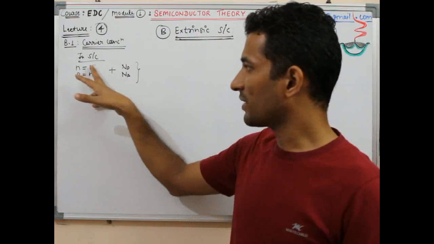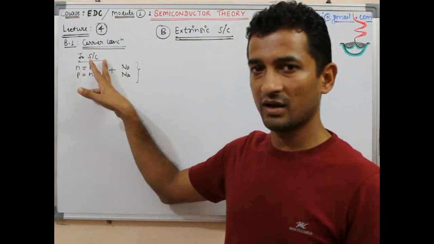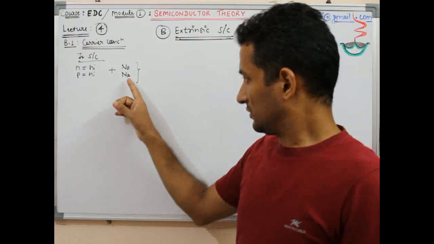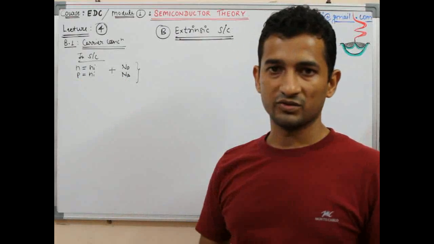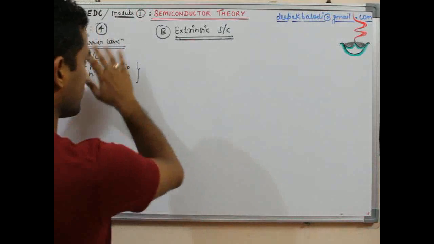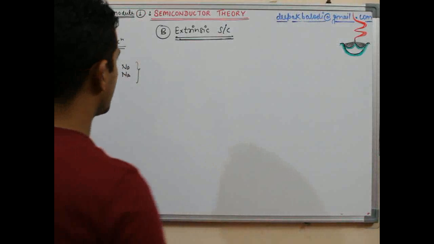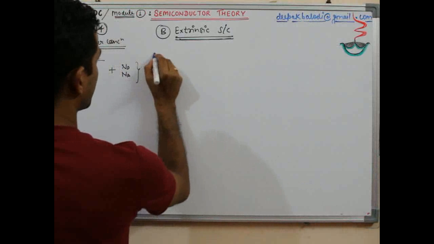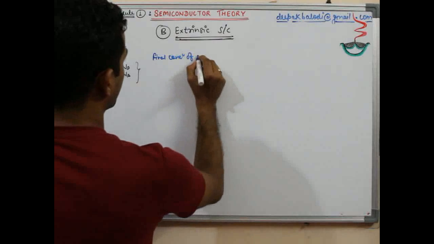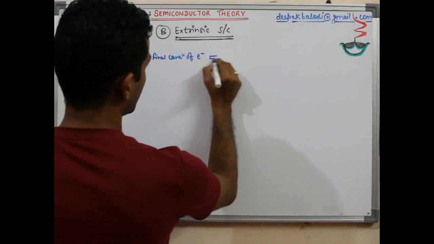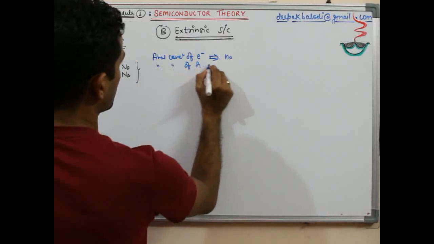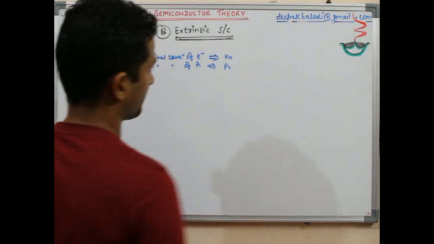Some part of that will go and recombine with holes, and the figure in itself will remain intact. Then Na plus P will give some final concentration. So let's say all these things have been done, and after that the final concentration of free electrons is, let's say, N0, and the final concentration of holes is, let's say, P0.